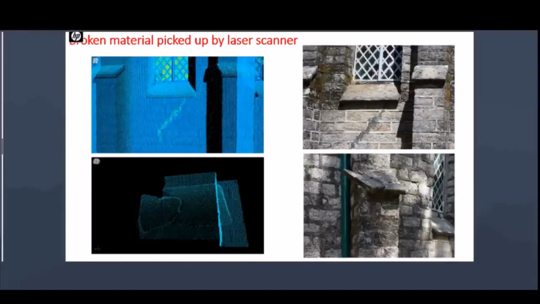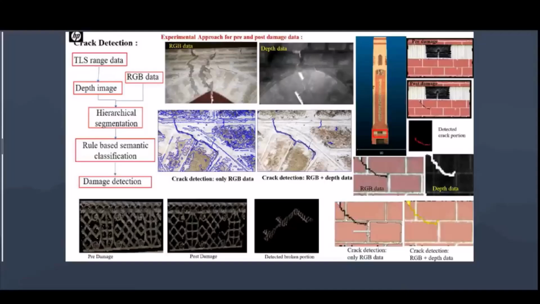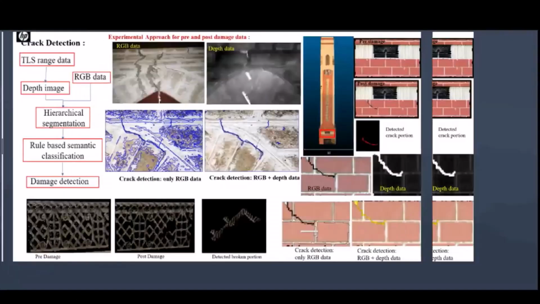As I was discussing yesterday, these terrestrial laser beams are very minute. They are very small, and they can go inside the crack, and from there also some return is coming back to us. So for the crack area, the depth of the points is more than when the point is coming from the surface, where the depth is less. When it is coming from inside the crack, the depth is more.